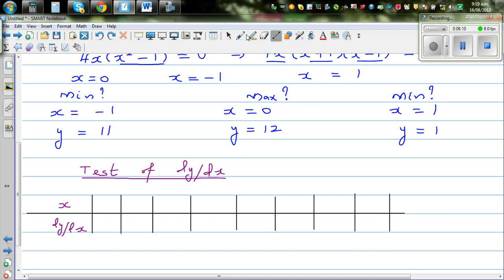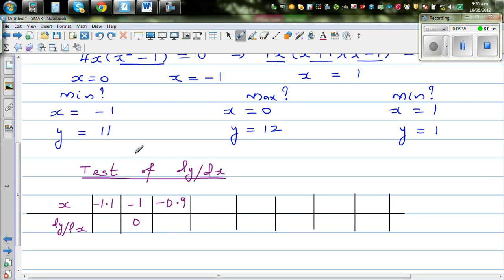Okay, what do I mean? Let's start with -1. At -1, we know the gradient is 0. Take a point to the left of -1, very close to -1. If you go to the left of -1, you have -1.1. And to the right of -1, you have -0.9.